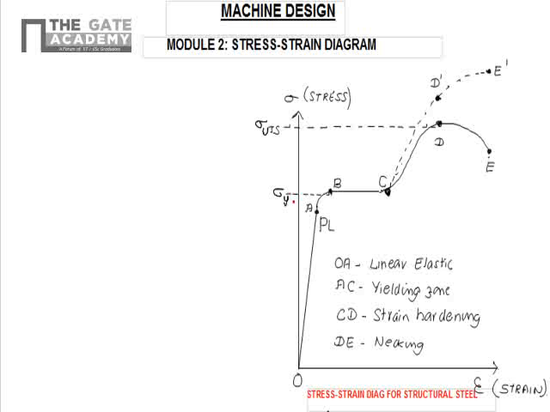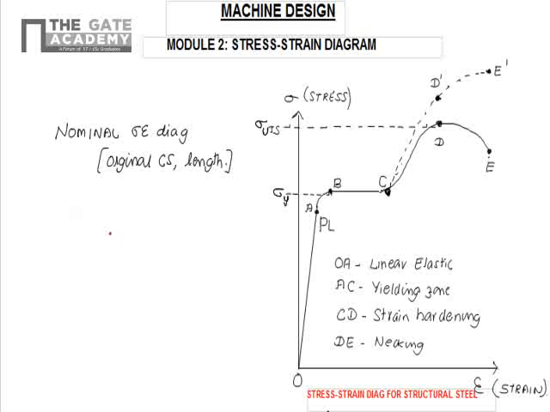So we have seen that when the original cross-sectional area and original length are used for measuring the stress and strain, the corresponding stress-strain diagram is called the nominal stress-strain diagram, where original cross-section as well as length are used for measurement.